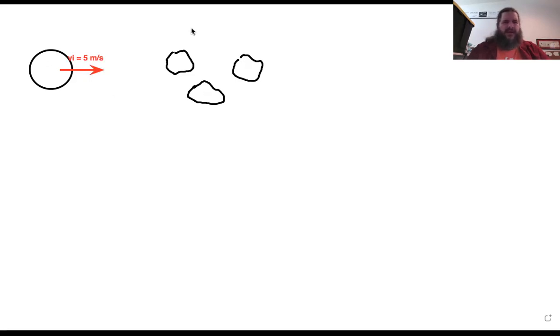And let's say we observe this object to explode into 3 pieces. Let's say one object with mass m, and other objects with masses twice as much and 5 times as much.